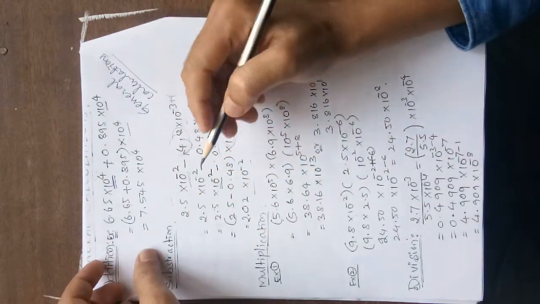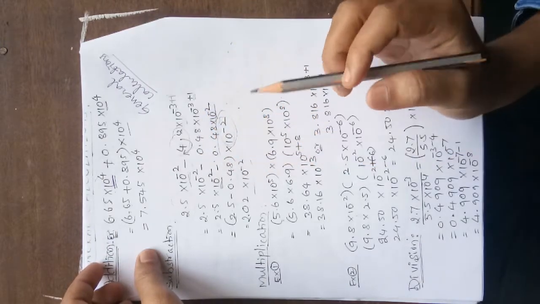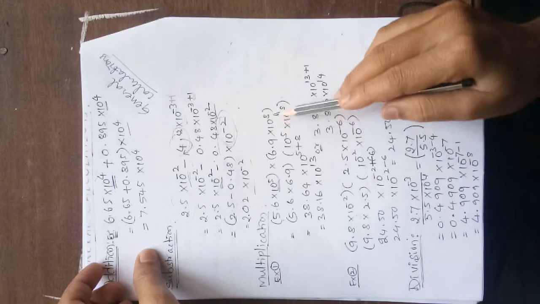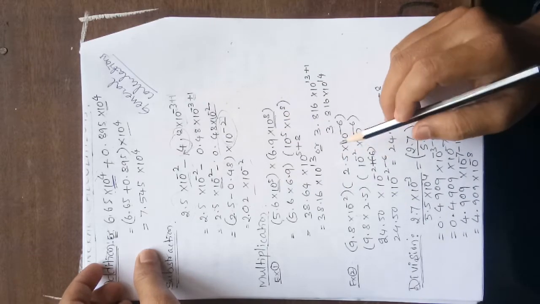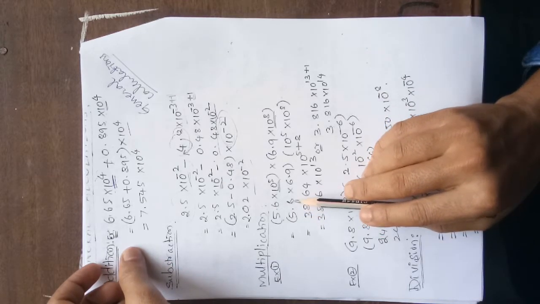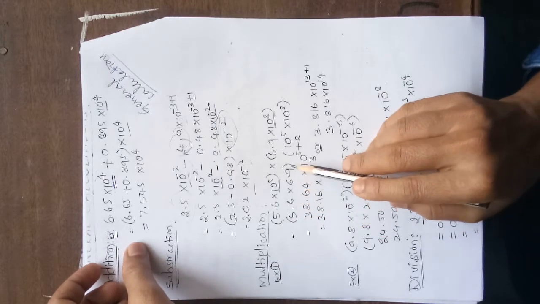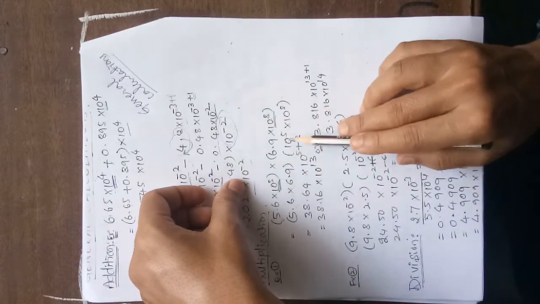Next, in a multiplication case, how? Instead of minus we put multiplication. Here there is no similar term, and the similarity of the powers doesn't matter. So here 5.8 into 6.9 I have written, and the remaining is 10 and 10.